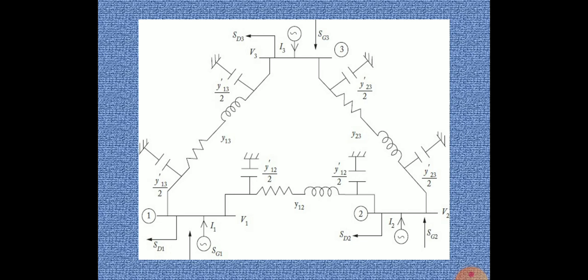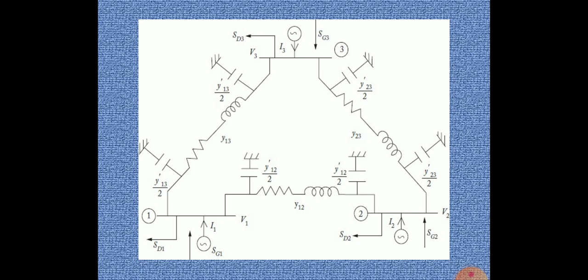For bus number 1, the voltage is specified as V of 1 and the current value is given as I of 1. The complex power is mentioned as S of G1 for generator 1 and the power demand is mentioned as S of D1.